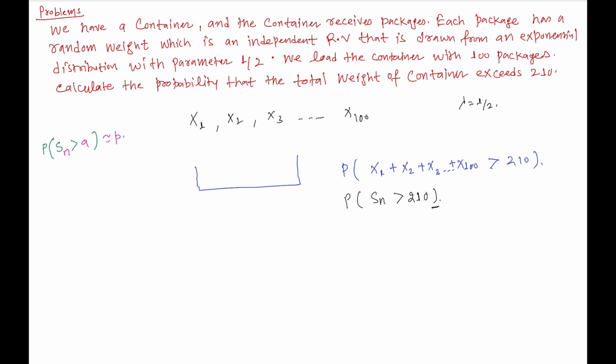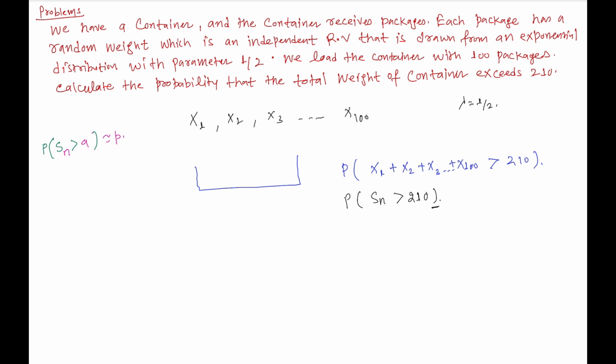In the problem statement, maybe you will be given these two quantities and asked what this probability is, or maybe you will be given these two quantities and asked how many such random variables you need to add in order to achieve this probability. Or maybe you will be given these two quantities and asked for this one.